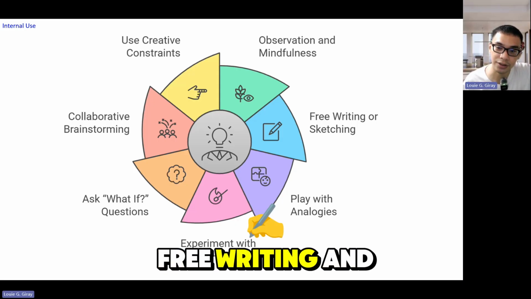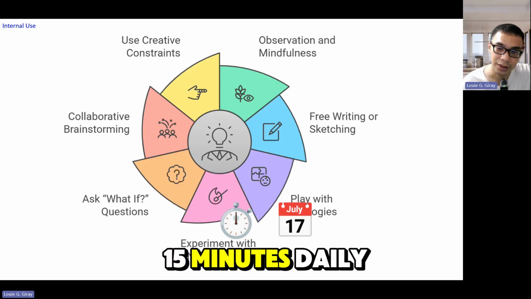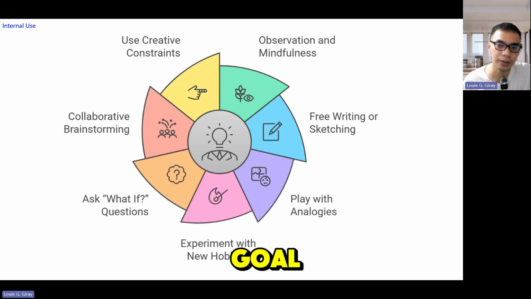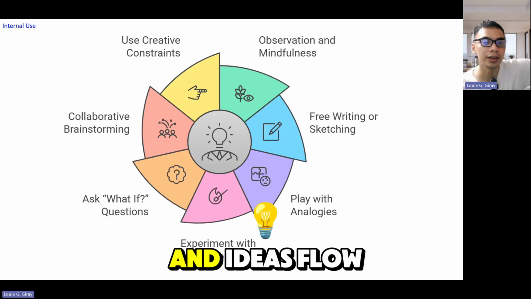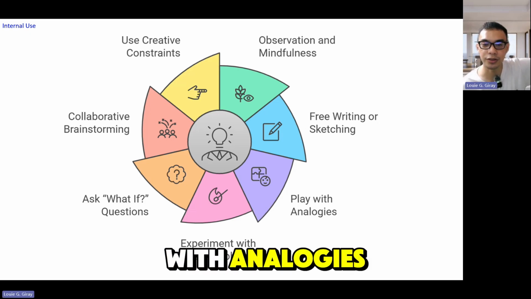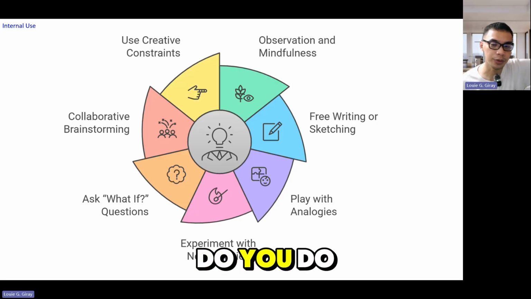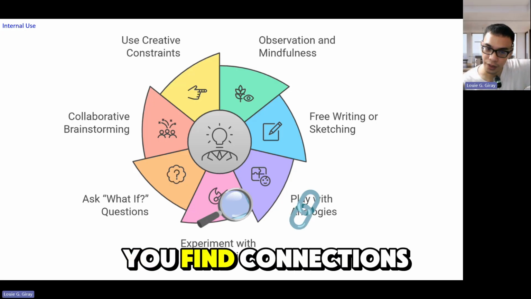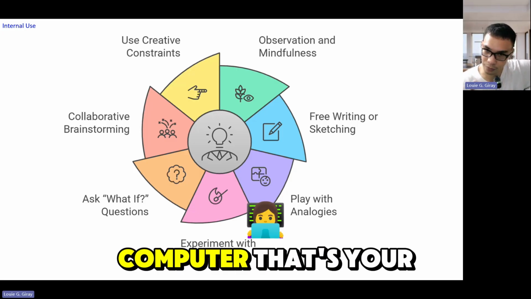Next, free writing and sketching, maybe dedicating some 15 minutes daily without any specific goal, and it's fine. Be comfortable at that. Let your thoughts and ideas flow. Next is play with analogies. Take two things unrelated. And what do you do with that? You find connections. For example, a tree to a computer. That's your task.